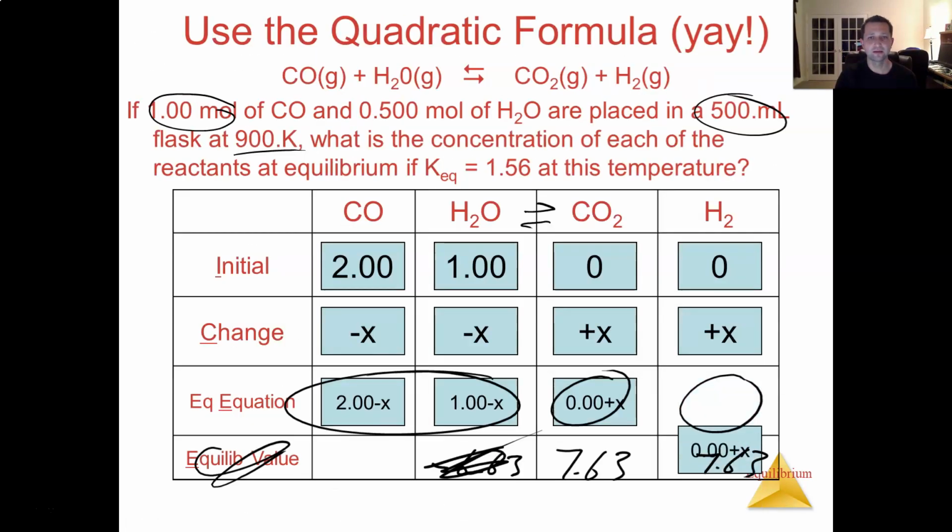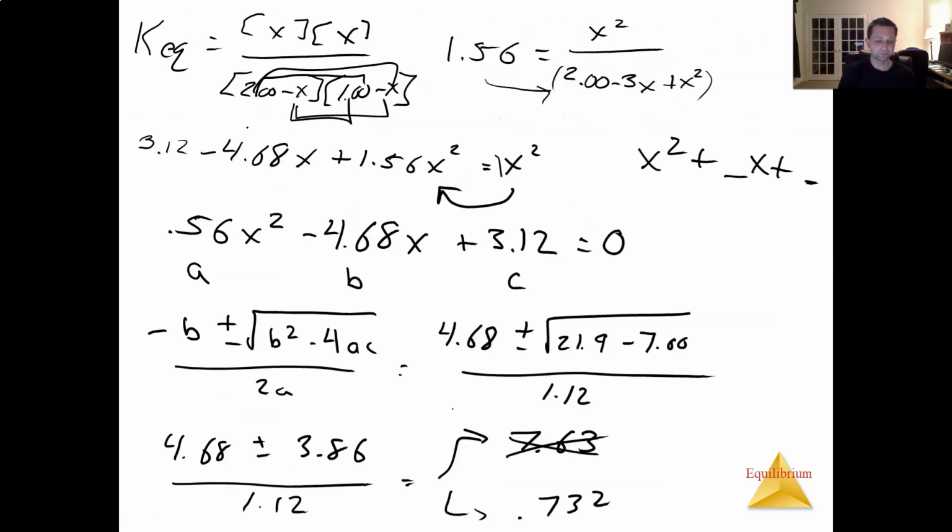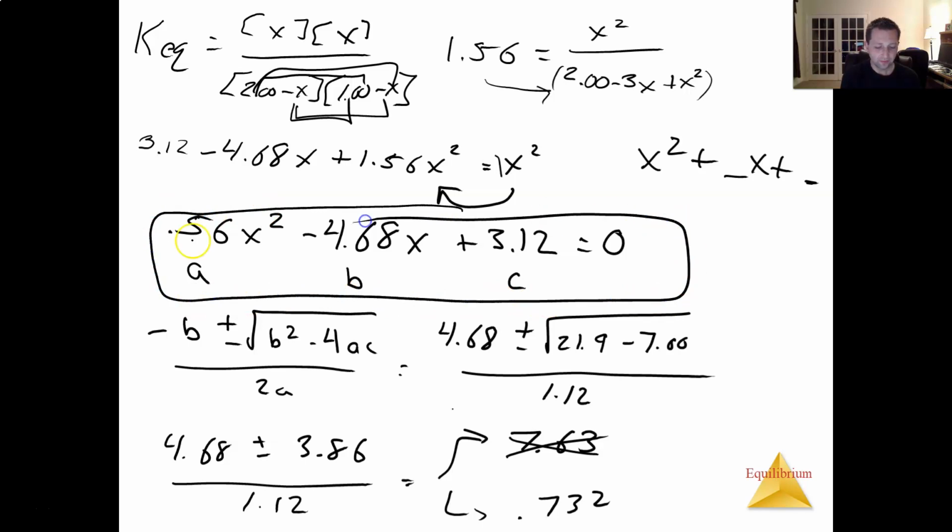Let me go back. All right, you'd get to this point right here, okay. You'd set up this equation, okay. Then in your calculator, all you have to do is type in A, B, and C, and it tells you the answer, okay.